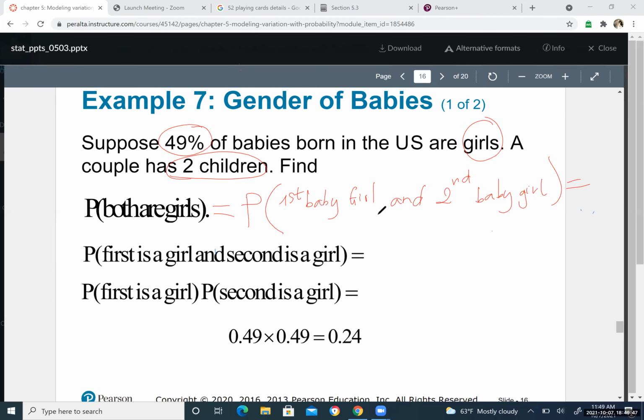You have to multiply using the formula of independent events, which was provided previously, right? Remember? So what you're going to do is take the probability of the first baby girl multiplied by the probability of the second baby girl.